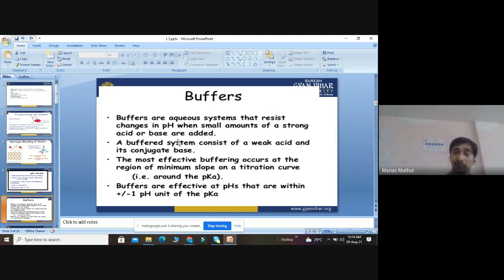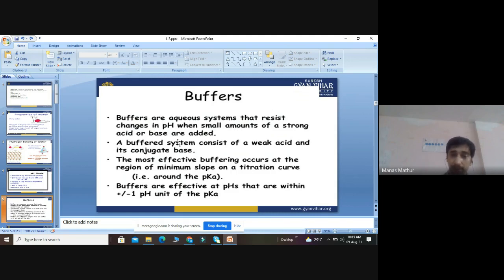The most effective buffer occurs at the region of minimum slope on the titration curve. Experimentally, we can calculate exactly the concentration of the buffer solution based on certain experiments. We will not discuss this experiment because it is not in the scope of the current topic.